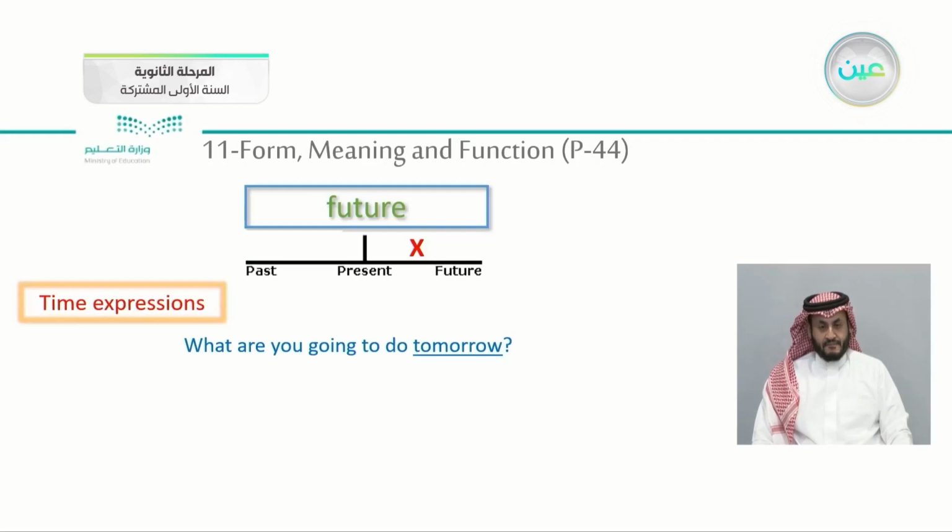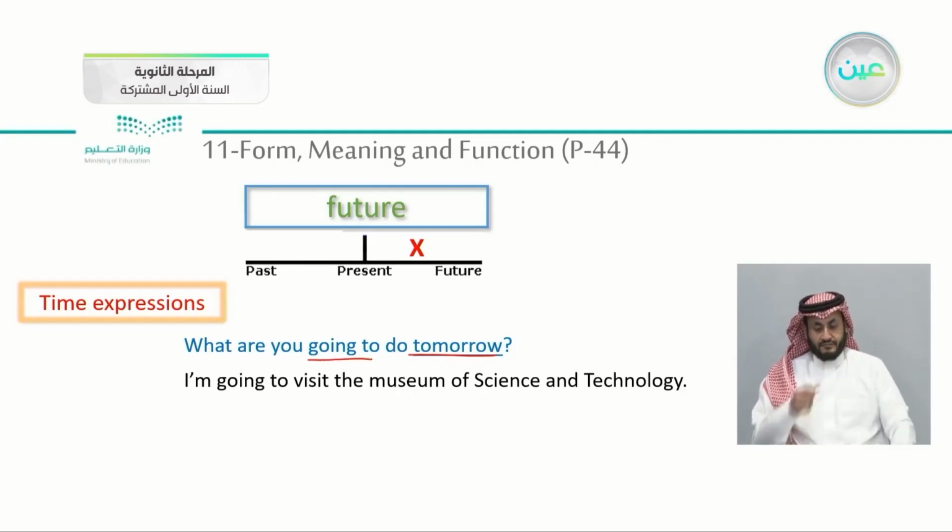So from your books, we have these examples. What are you going to do tomorrow? Notice here we have tomorrow. This is the time expression. Then going to: I am going to visit the Museum of Science and Technology. Also here we have future.